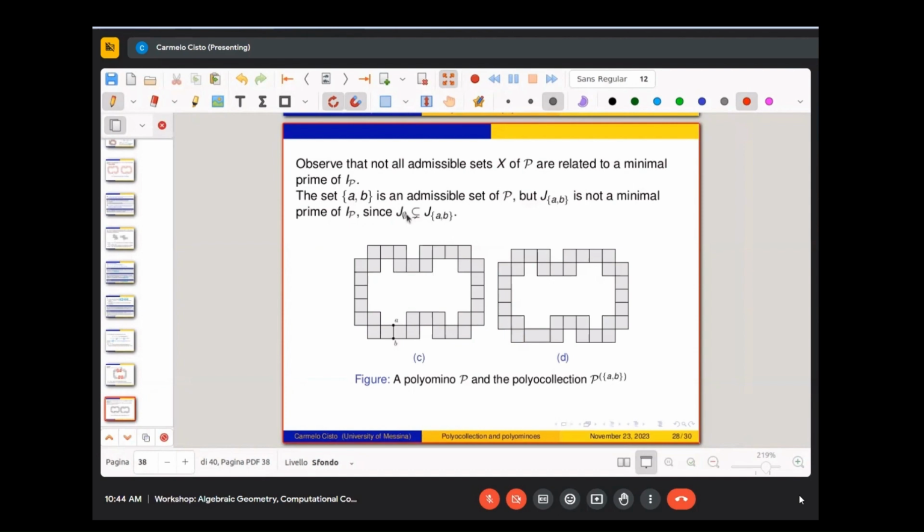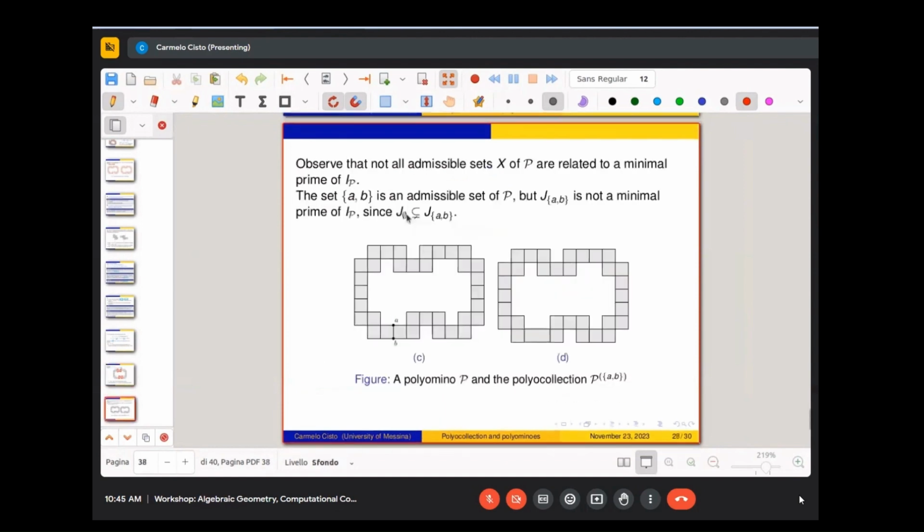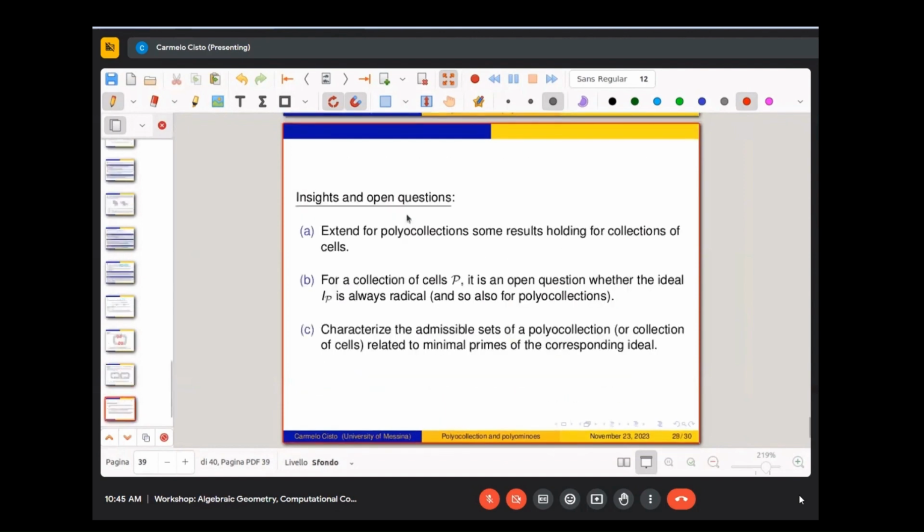So in particular, this example suggests that in some way the admissible sets associated to minimal primes are involved with zigzag walks, but at this moment we don't know how they are involved.